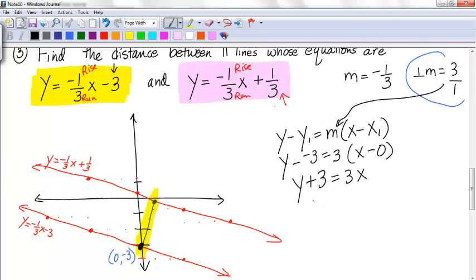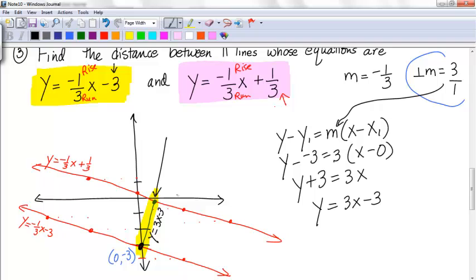And then I'd have y equals, take the 3 to the other side, so I'd have y equals 3x minus 3. Now I know the equation of this line is y equals 3x minus 3. I still need, I'm working to find out what's that ordered pair.